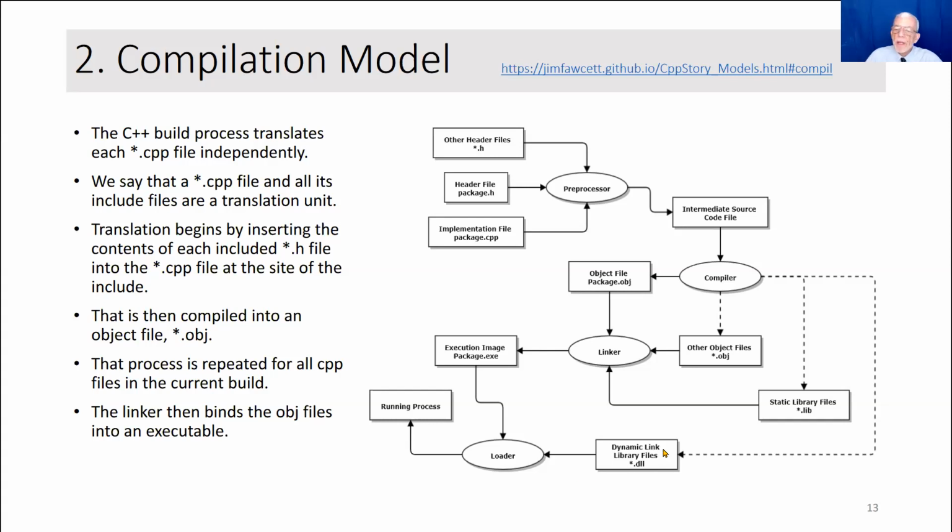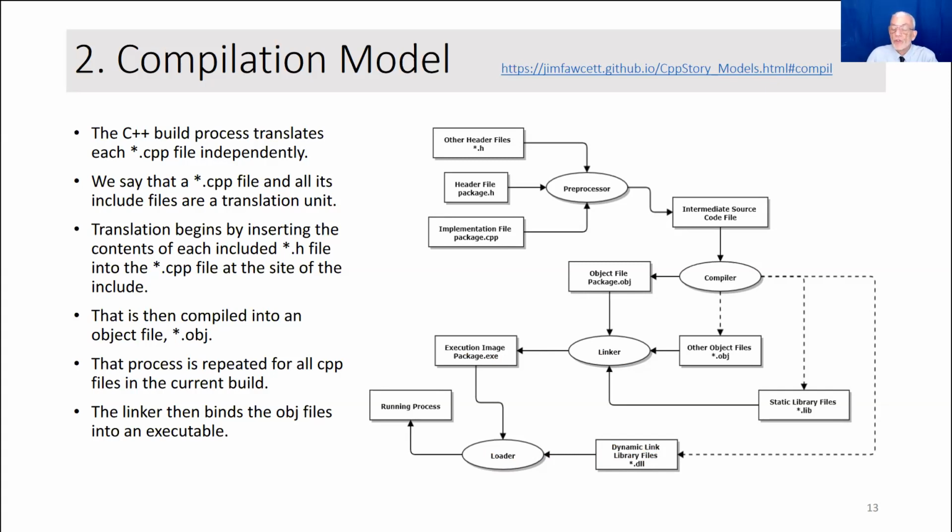Now, if it depends on any dynamic link libraries, those can't get resolved until load time. Because we don't want the linker to make them part of this execution image. Part of the idea of these dynamic link libraries is that we may never use them, so why put their source code into the execution image?